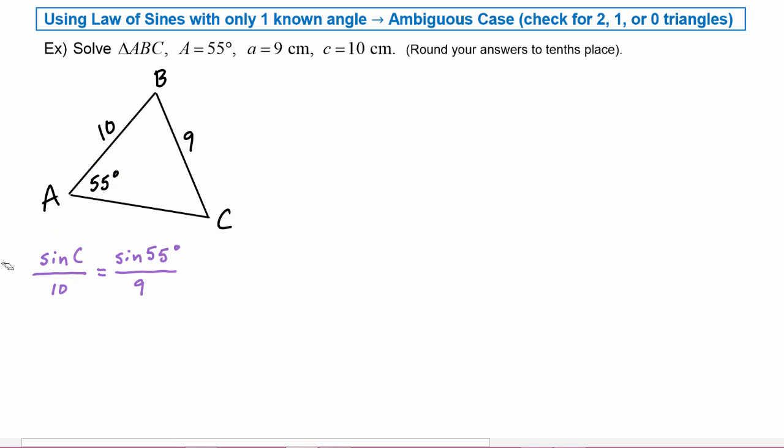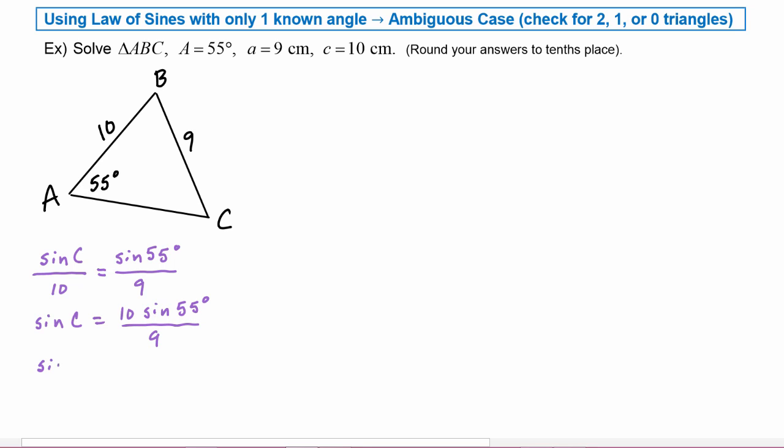Solving for the sine of C, we get sine of C is equal to 10 times the sine of 55 degrees divided by 9.